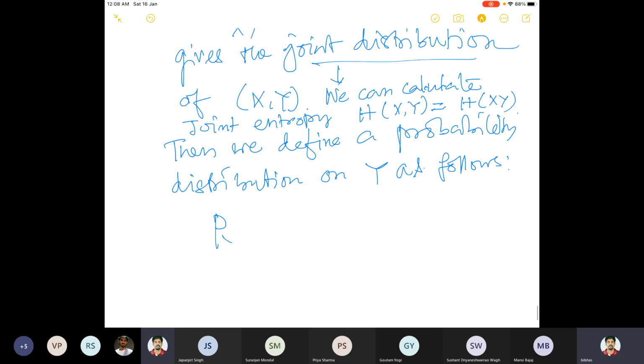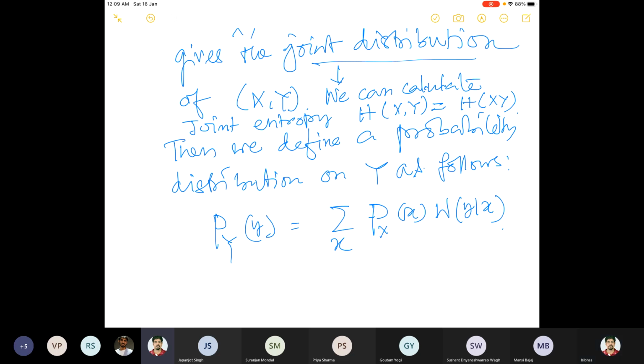So we can just say the probability of y is equal to the sum over x of P_X(x) times W(y given x), over all x. So this also defines the probability distribution on Y.